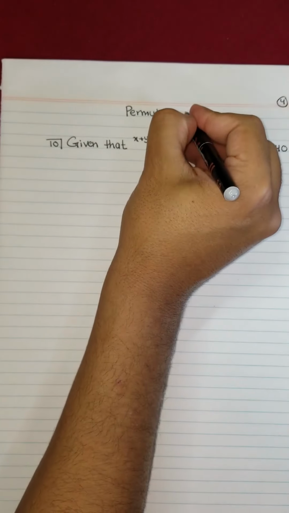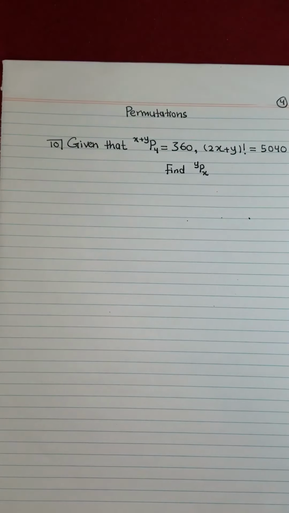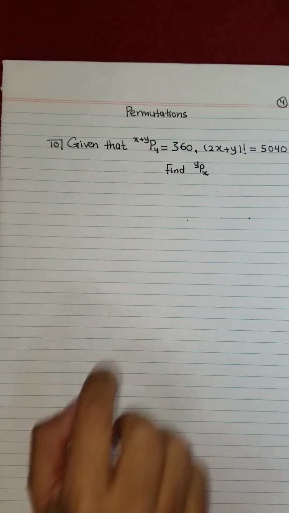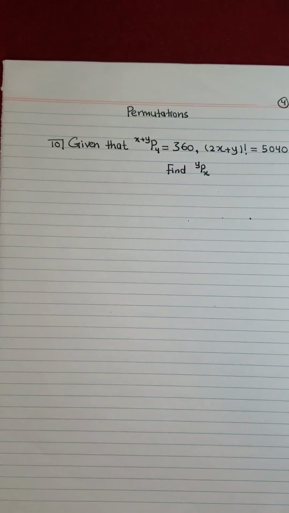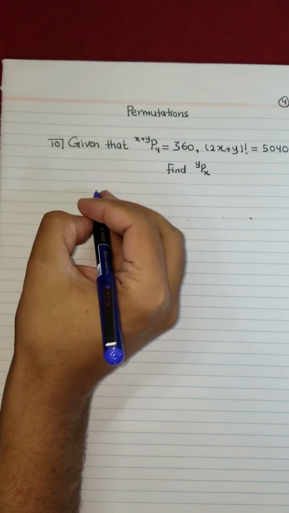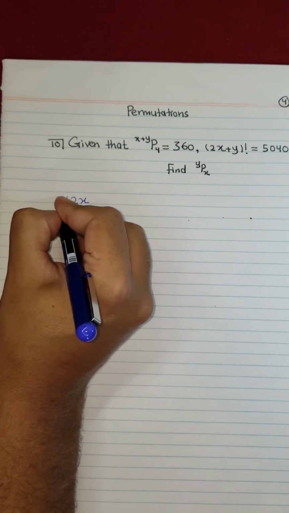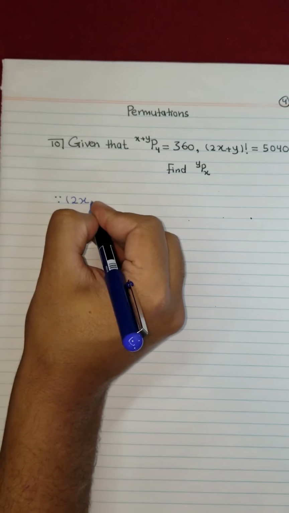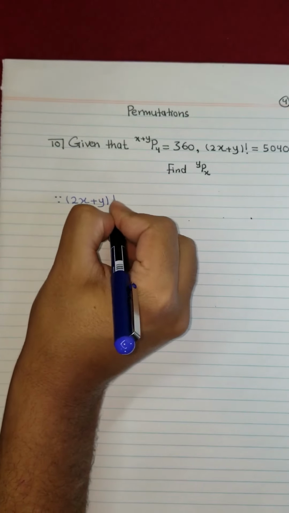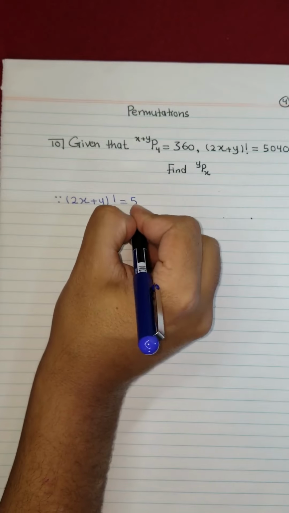Okay, good. So how do we do this one? Let's see. I usually prefer to start with the factorial part, since the factorial is easy. It's a lot easier than the permutation part, though the permutation part is also easy here. You look at this now, because 2x plus y factorial is equal to 5040.